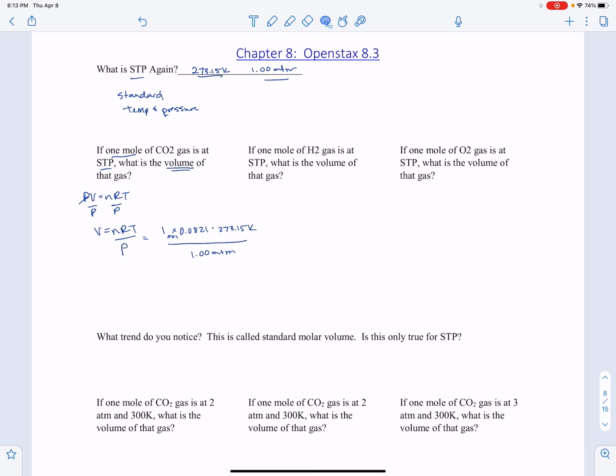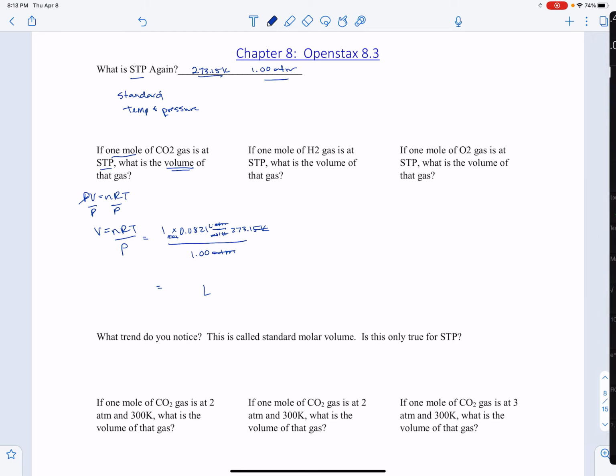I'm going to throw my R unit in really quick. Liters, atm, mole, Kelvin. So we need to see that our Kelvin here cancels, our atm cancels, and our mole cancels. So our unit that we're left with is a liter.